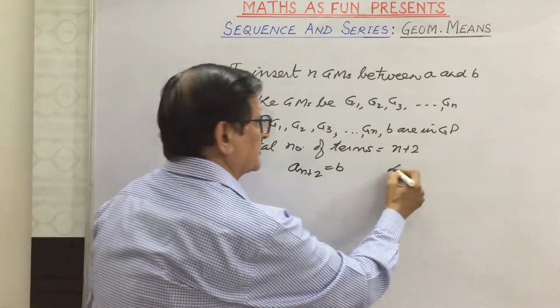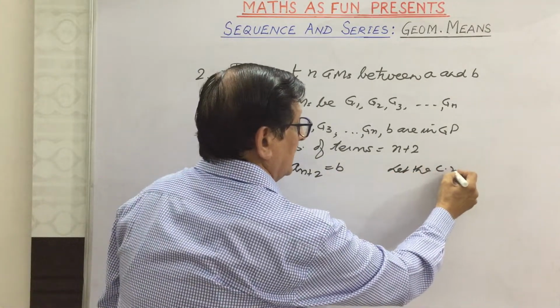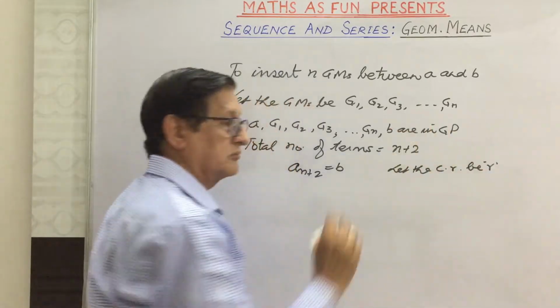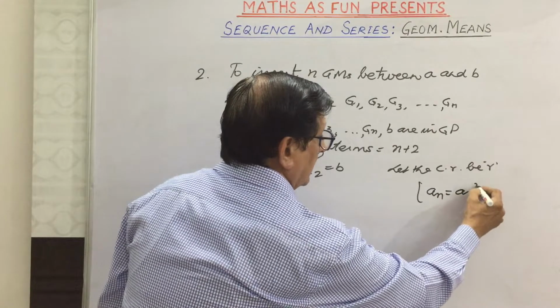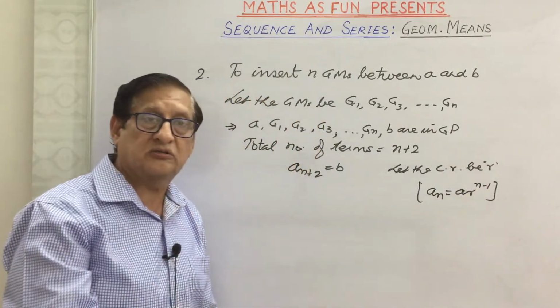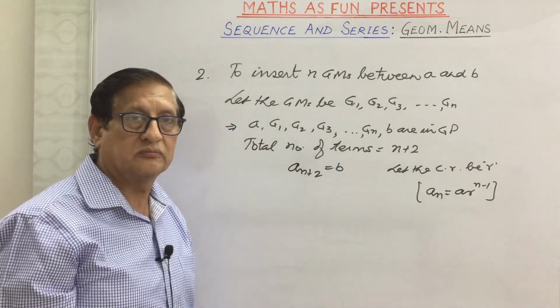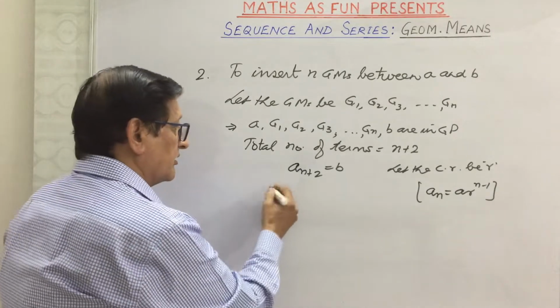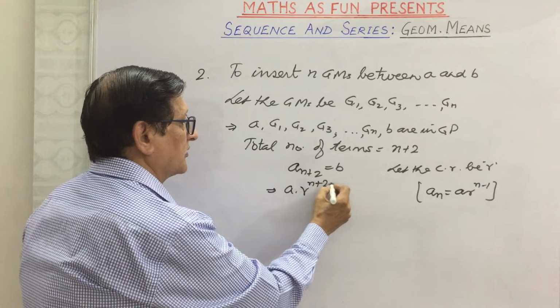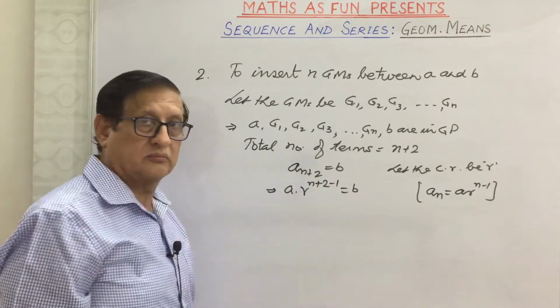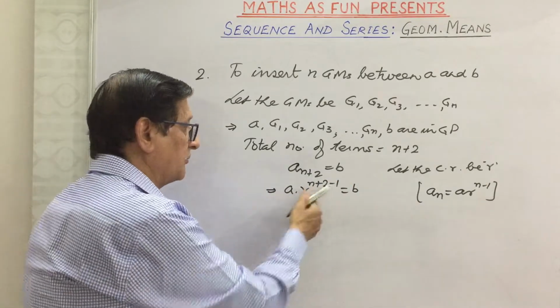Suppose the common ratio is R. Then we know the formula for the nth term, that is A R power n minus 1. We already learnt this in the previous video. According to this, the last term will be A into R power n plus 2 minus 1, which is n plus 1.